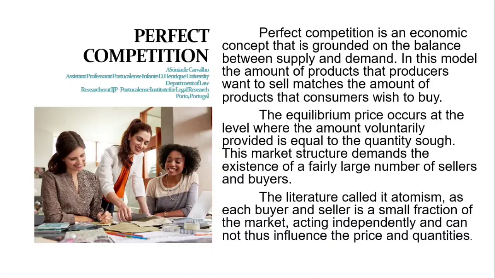The equilibrium price occurs at the level where the amount voluntarily provided is equal to the quantity sold. This market structure demands the existence of a fairly large number of sellers and buyers. The literature calls it atomism, as each buyer and seller is a small fraction of the market, acting independently and thus cannot influence the price and quantities.